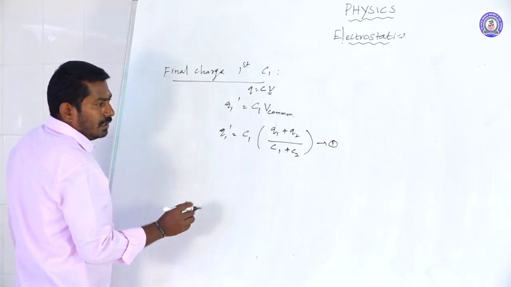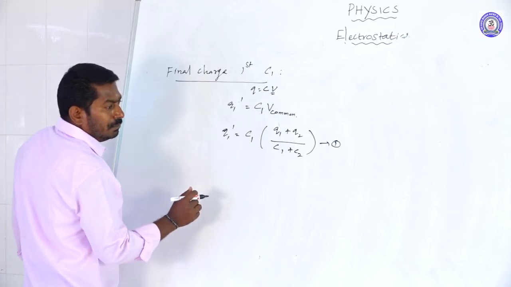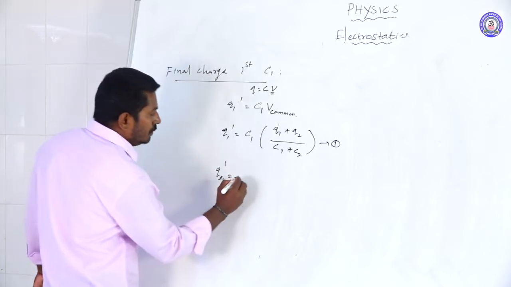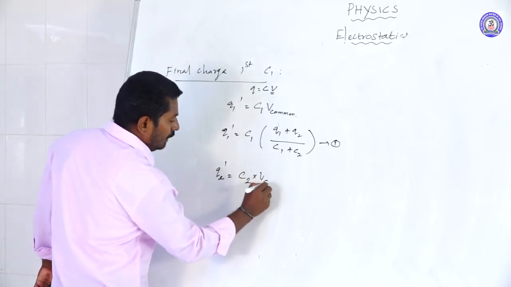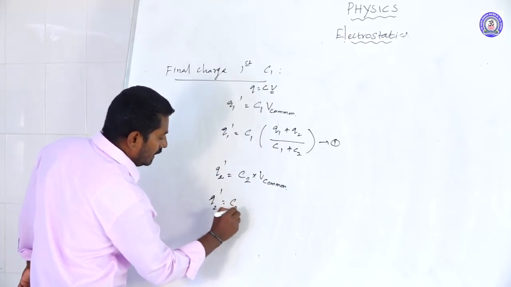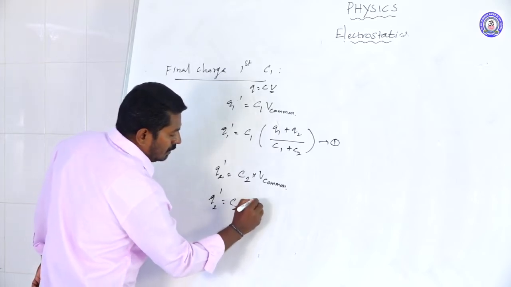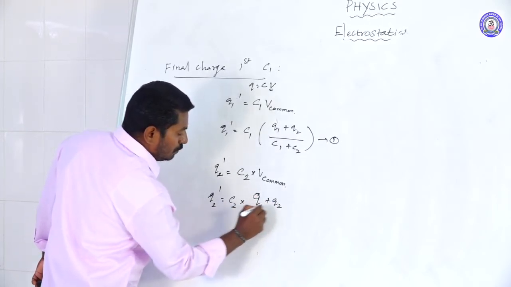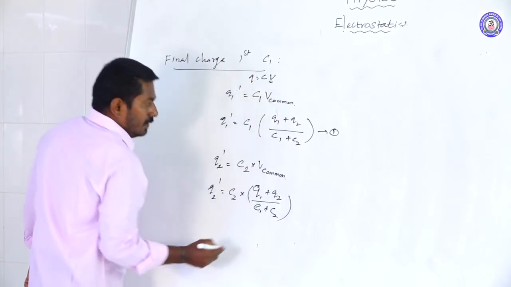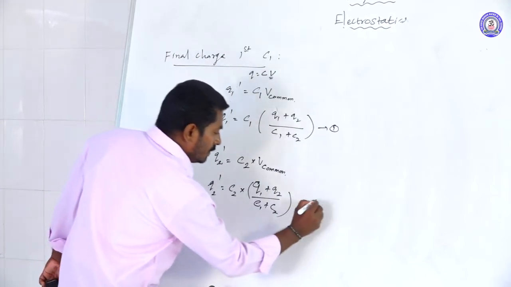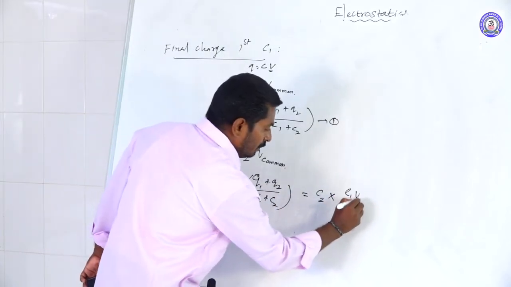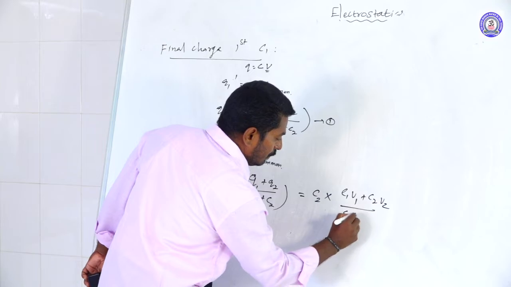After distribution, both capacitors attain the same potential difference. The final charge on the second capacitor, Q2 prime, is equal to C2 into V common. Then Q2 prime is equal to C2 into the common potential, total charge Q1 plus Q2 divided by total capacitance C1 plus C2, which is equivalent to C2 into the other expression, C1 V1 plus C2 V2 divided by C1 plus C2.